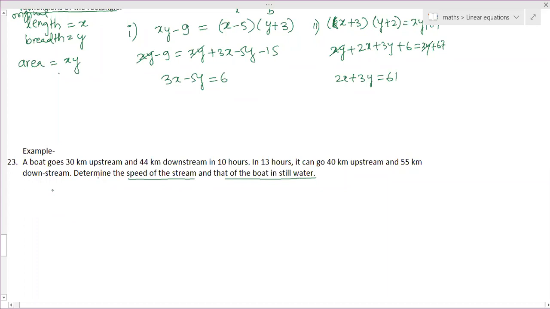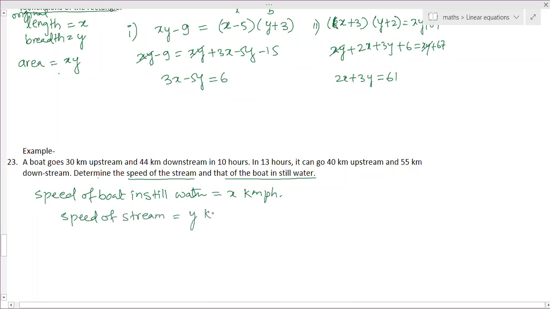You are considering the speed of a boat in still water as x kilometer per hour, and the speed of the river, that is the stream, as y kilometer per hour.